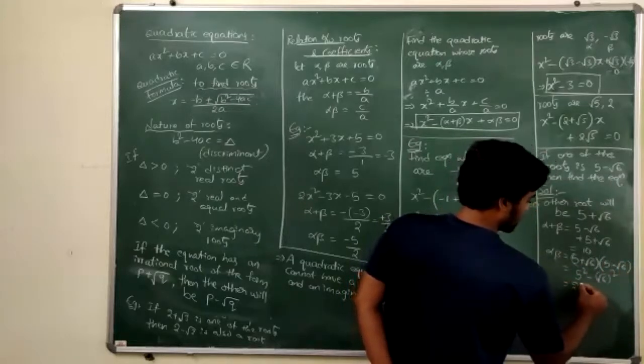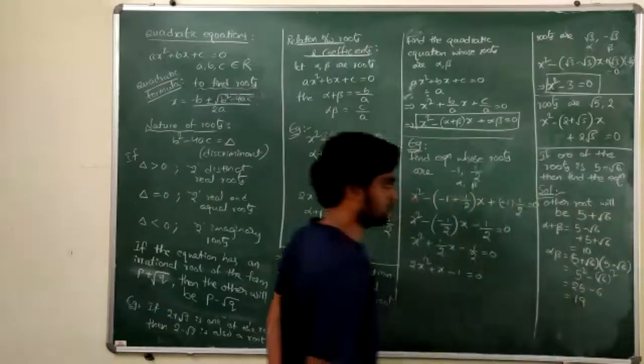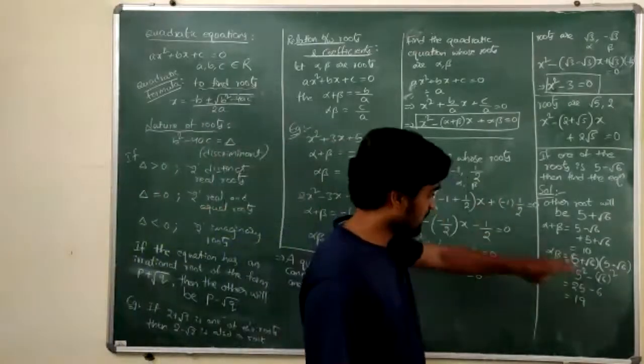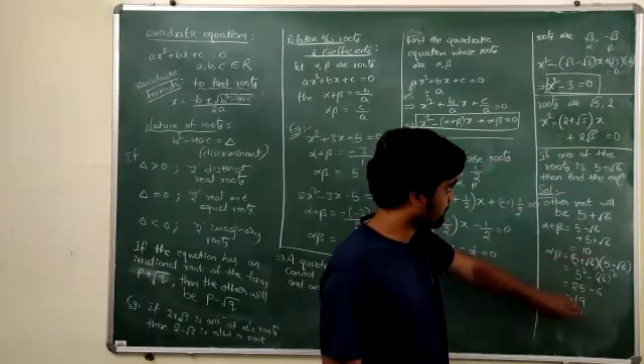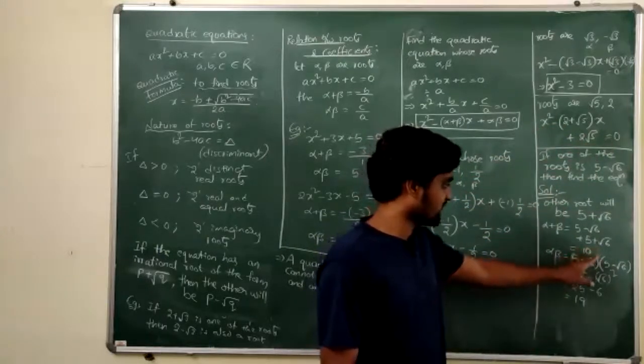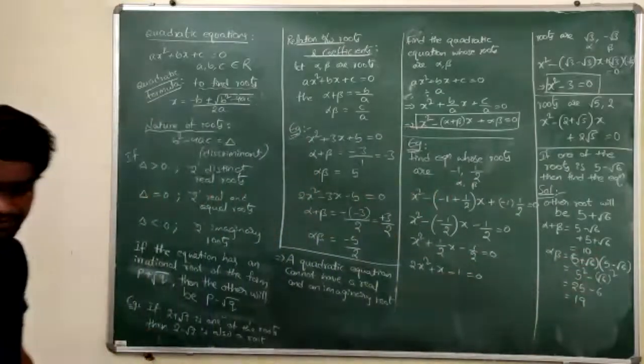So 25 minus 6, which is equal to 19. Okay. So now the equation will be x square minus 10x plus 19 is equal to 0.